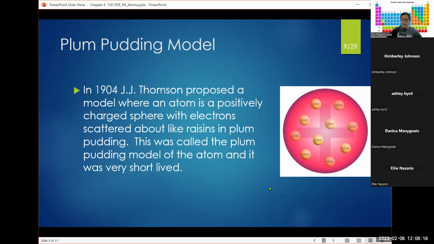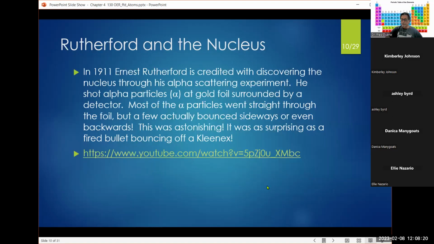Well, that's 1904. Here comes another English scientist by the name of Ernest Rutherford, 1911. Now, what he is credited with discovering is basically the nucleus, the proton.